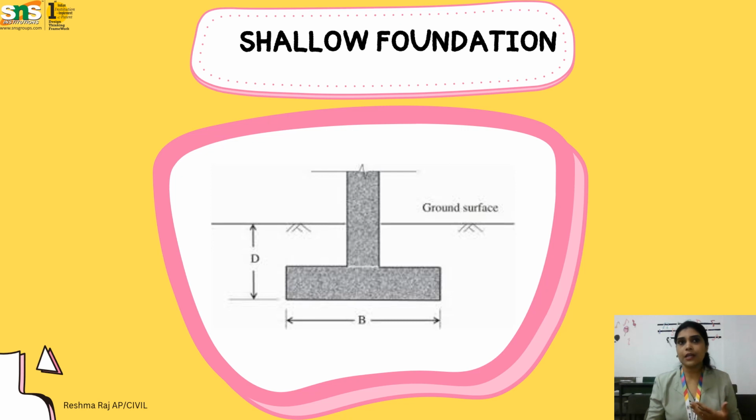It is a very common type of foundation, adopted for many common residential buildings, particularly when the soil near the surface is strong and stable. With its relatively shallow depth, good load distribution, easy construction, and suitability for a wide range of soil conditions, I hope you all understood the basic things about shallow foundation.